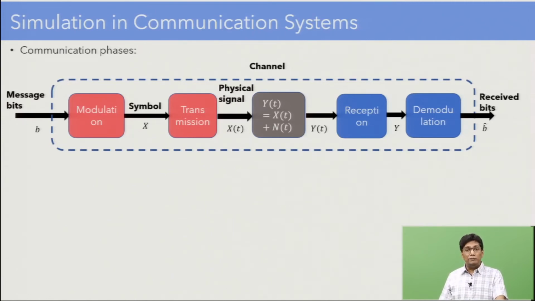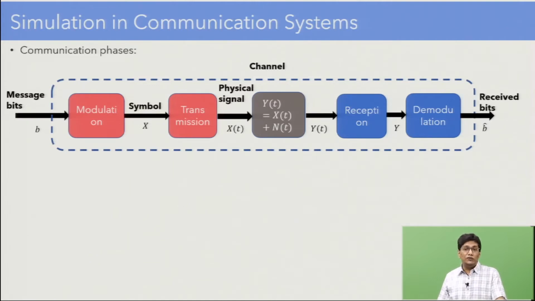For example, a typical communication link can be written as a cascade of these phases. You get some message bits, then there is a modulation block which converts these bits to symbols, transmit symbols, and then you convert these symbols to a physical signal. So, you may be converting the baseband to a passband signal, and then there is a channel which may attenuate this signal or distort it via random noise.